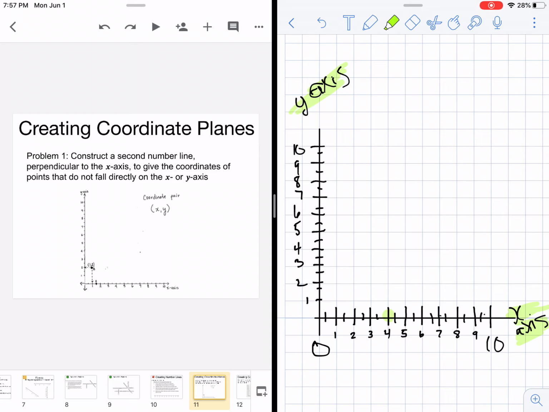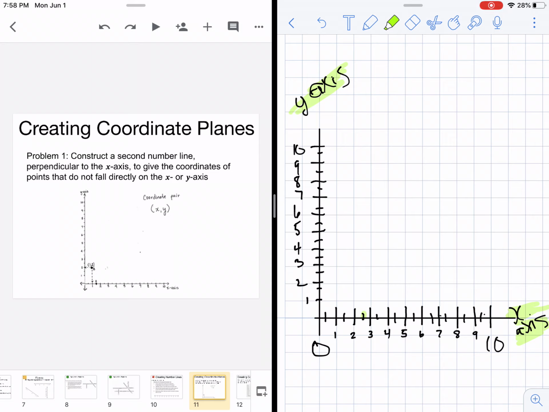Right, it would be 4 on your x-axis. What about this one right here? This is 7.5 on your y-axis. Let's do this one, that green dot. 2.5 on the x-axis, good. And what about this one on our y-axis? That's 9. Very good.